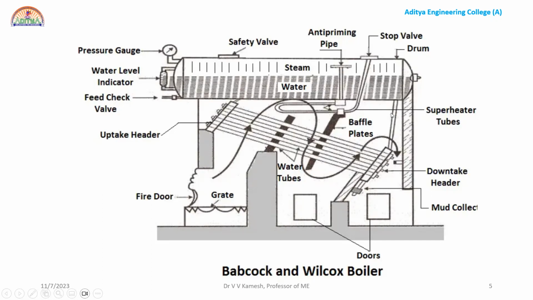We'll discuss the superheater tubes later, and the baffle plates. These are exclusively for the Babcock and Wilcox boiler only. Other boiler mountings and accessories are common to all boilers, but there are a few devices or adjustments which are exclusive to a particular boiler, right?